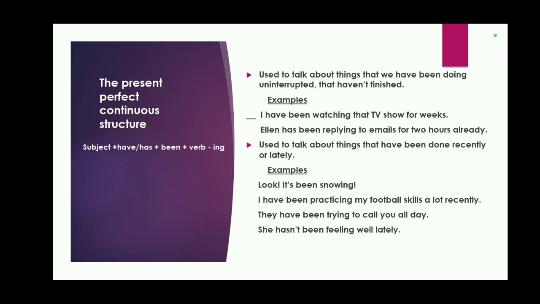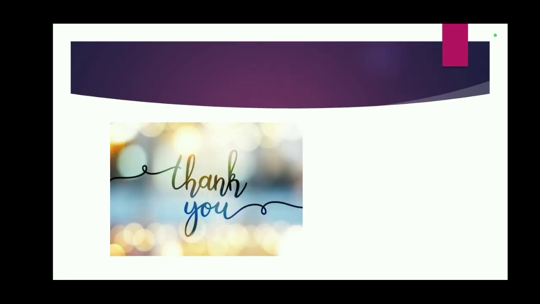You wouldn't say, I have been belonging to a band for a long time. You would say, I have belonged to a band for a long time. Some more examples. They have been trying to call you all day, or she hasn't been feeling well lately.